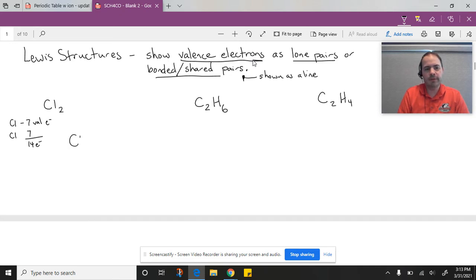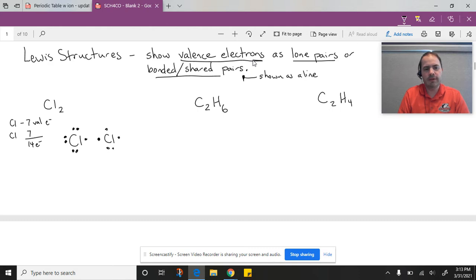So if we start with our Lewis structure of chlorine, if you remember, with its 7 valence electrons, you're going to see that we start to pair them up after we place 4 around that particular atom. And so that one chlorine has one unpaired electron, and that's the one that's going to get shared between it and another chlorine.